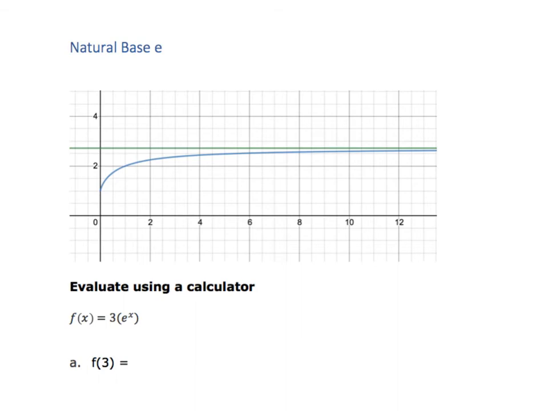Okay, the last thing we want to cover from 4.2 is what we call the natural base e. This is an irrational number that shows up in a lot of applications, and this is where it comes from. If we take this function y equals, in parentheses, 1 + 1 over x to the exponent of x, all right, you can see it's graphed in blue there. It has an asymptote.